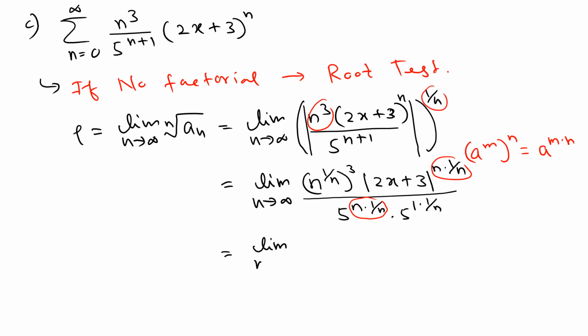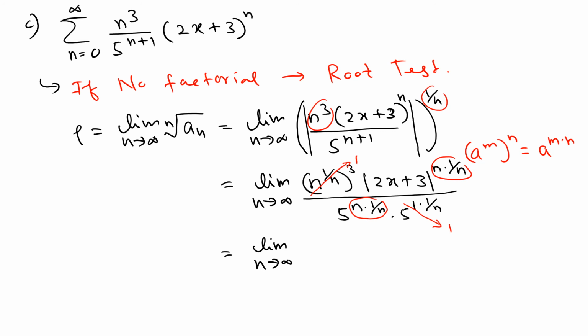I'm writing all these steps, but you can skip most of them. The limit of n to the 1 over n is 1, so this is going to go to 1. So 1 cubed is 1, and 5 to the 1 over n is also 1.